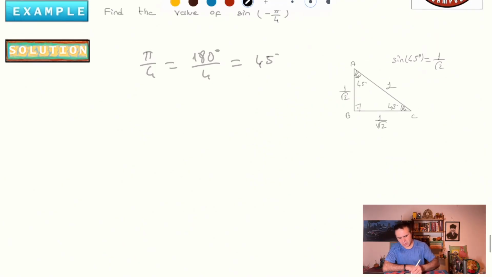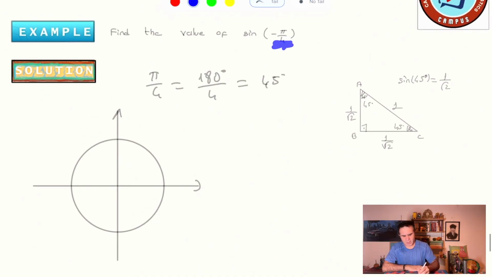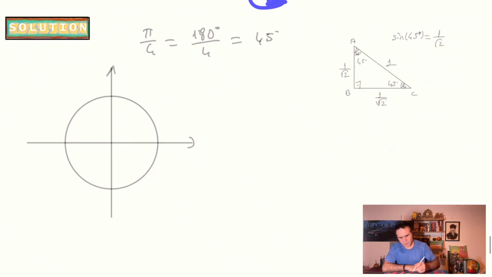Okay, let's draw the unit circle. In order to not memorize something, you should always use the unit circle. We should have minus pi over 4.